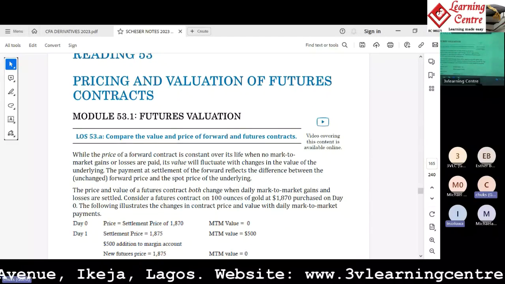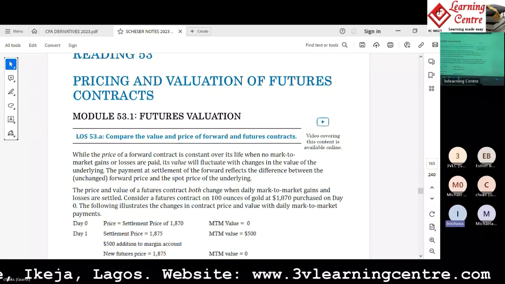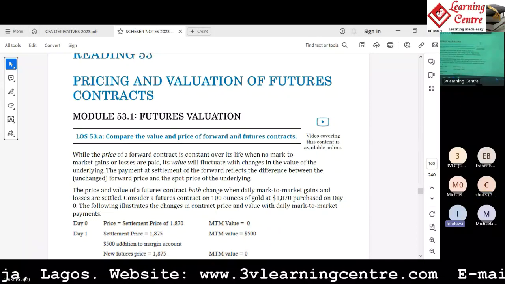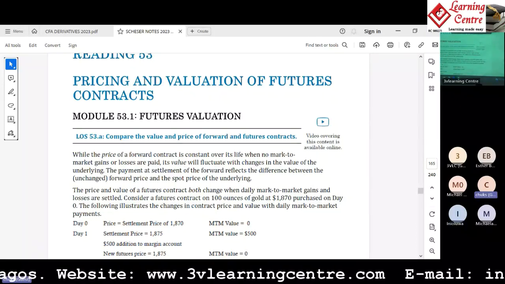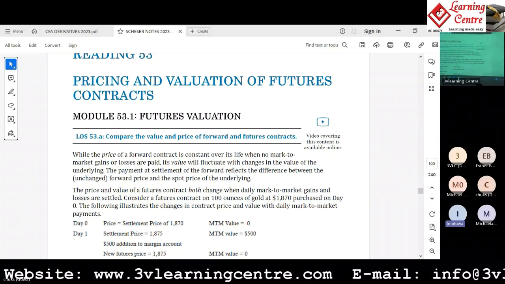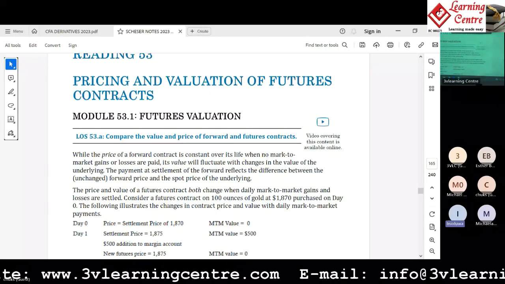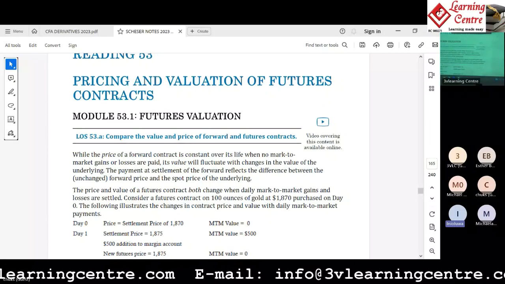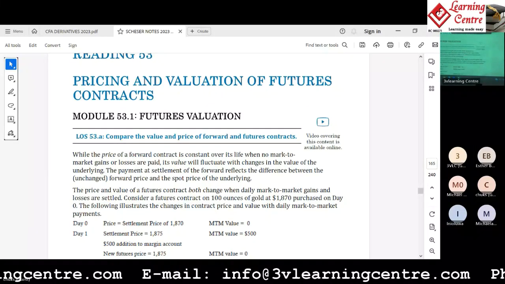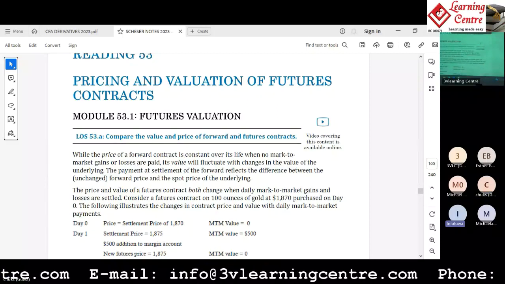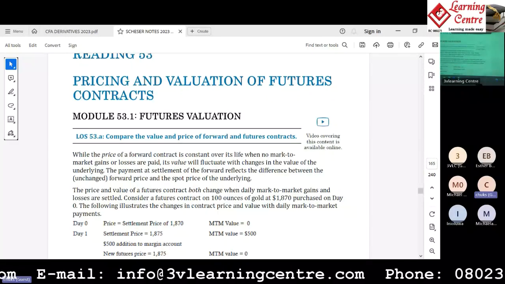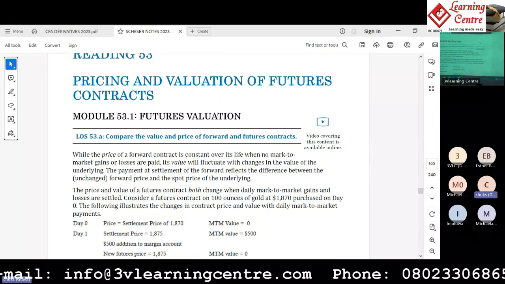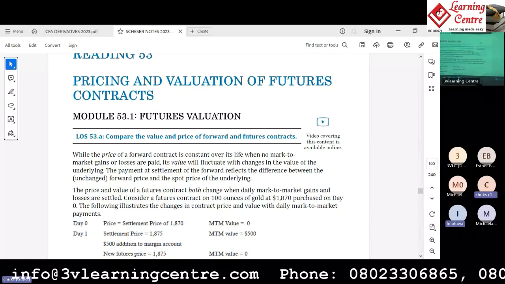So if I ask, can someone remind me what initial margin is? I think it's the amount you should deposit at the start of the contract in the margin account. Okay, so then what is maintenance margin? And then what's the difference between the two of them?